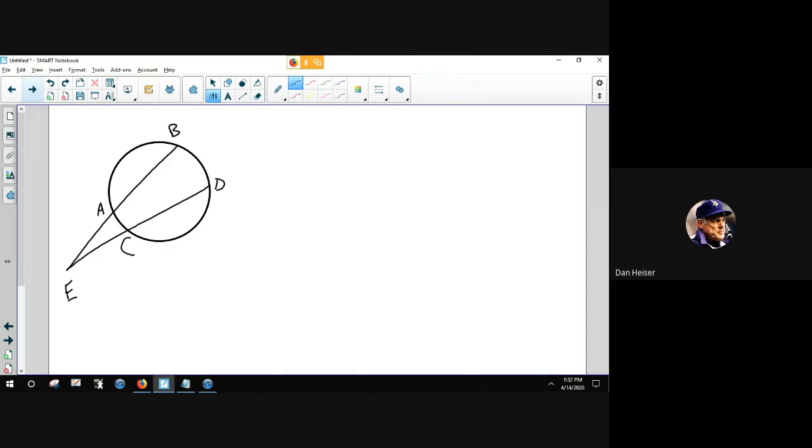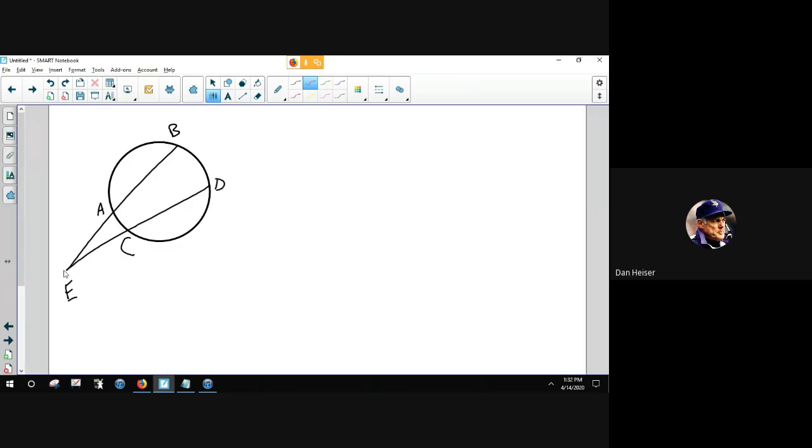On to the next property. Now we're going to get outside the circle a little bit and look at two secants. Here I have a secant that starts at E, goes here. Now we know secants typically go further, but we're ignoring that. We don't want the rest of this. It's irrelevant.